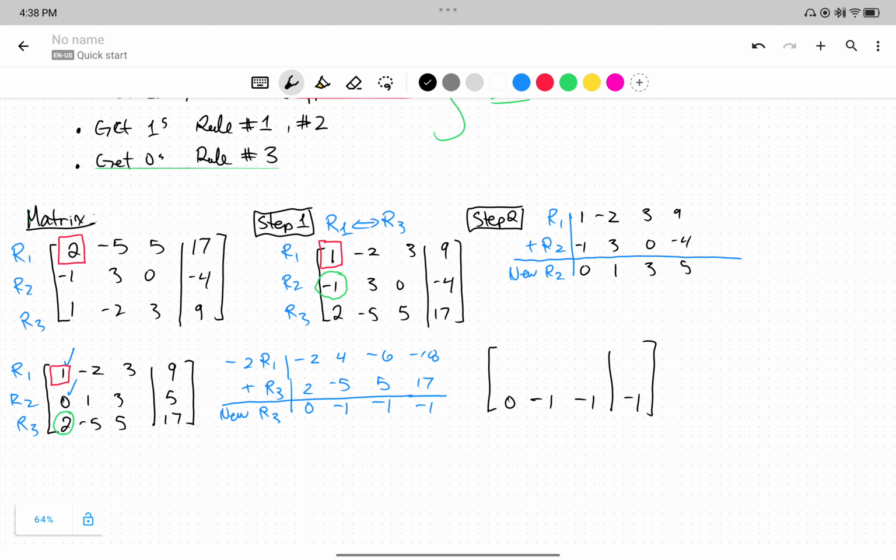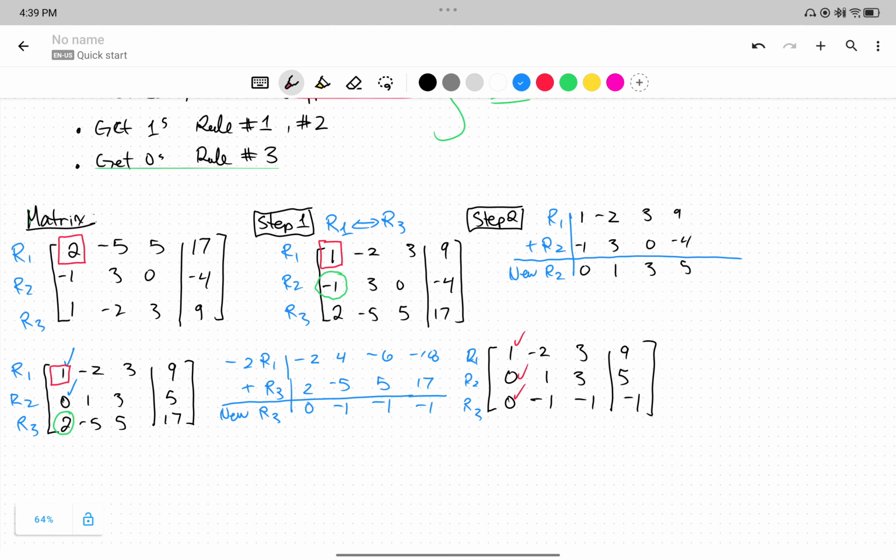And then the other ones are still the same, just bring them over, 0, 1, 3, 5, 1, -2, 3, and 9. That's your new row 1, row 2, row 3. Progress check. I have a 1, I have a 0, I have a 0. Looks good so far.